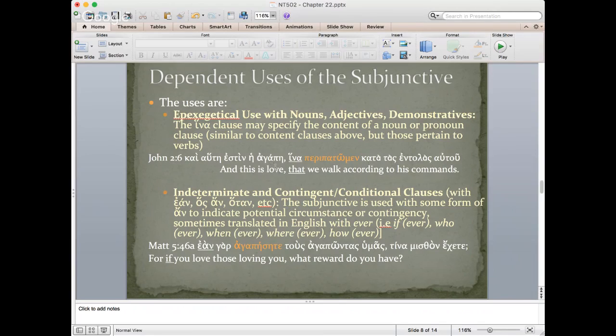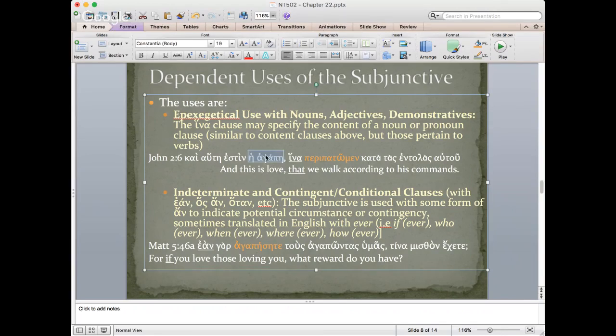So the content of agapē, the noun, what is love? Love is, and then he said, this is love. And it's refilling the meaning of what love is, namely that we walk according to his commandments.